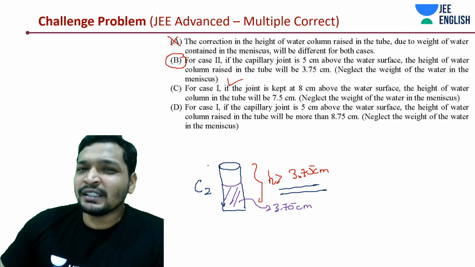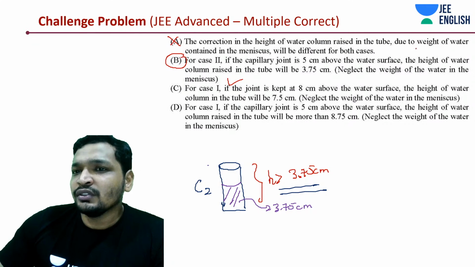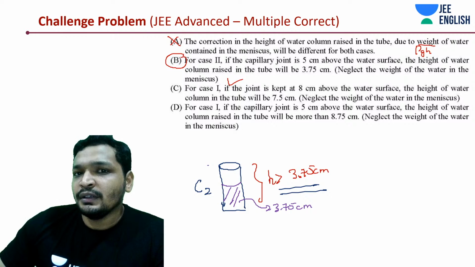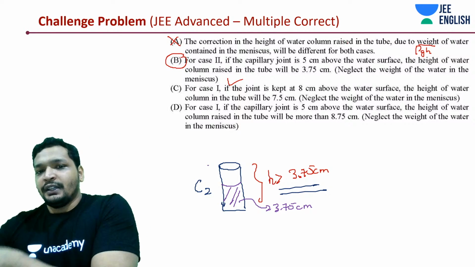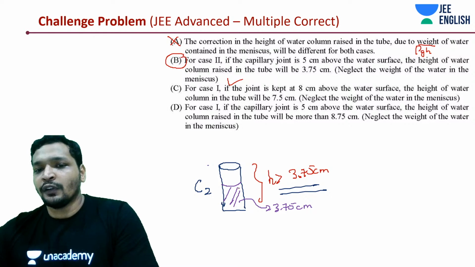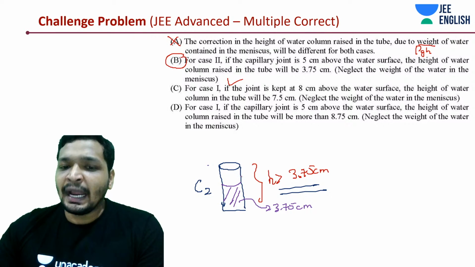Weight is basically how much height you're going to rise, right? So this is rho g h. It can be different, it may not be different, depending upon the height of your capillary.